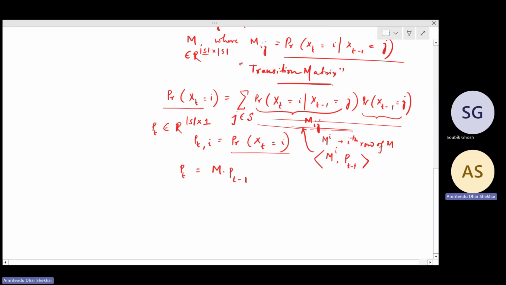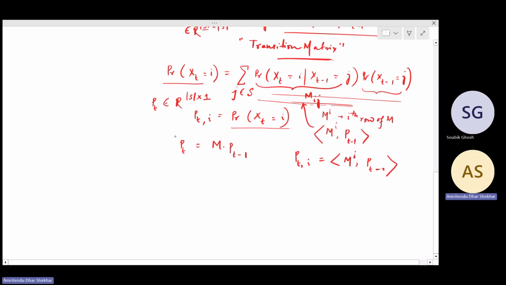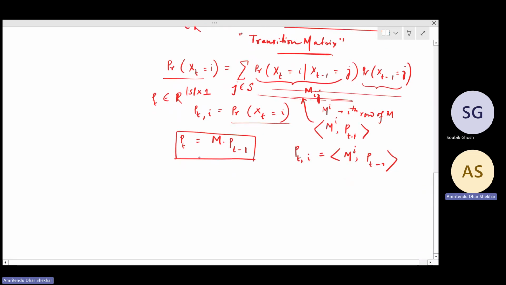So what we basically get is that pt of i is equal to the inner product of Mi times pt minus 1, and you have these inner products. So you get pt equals M times pt minus 1. Okay. So now this is a recursive relation.